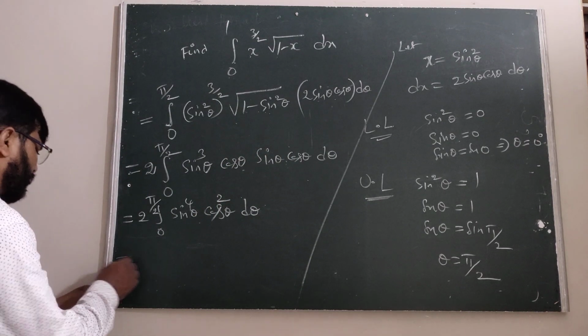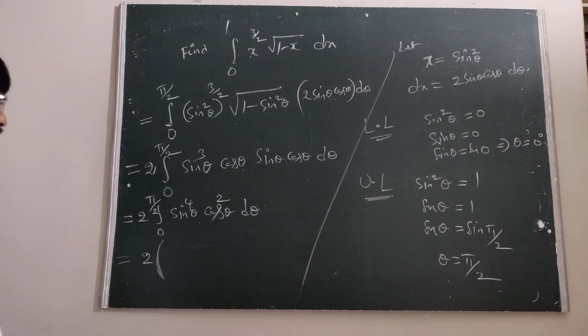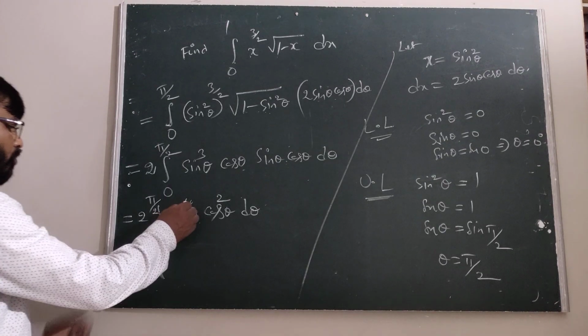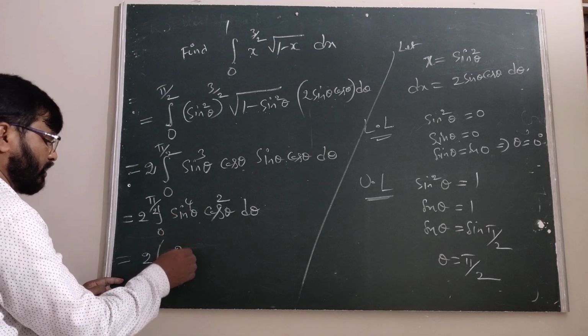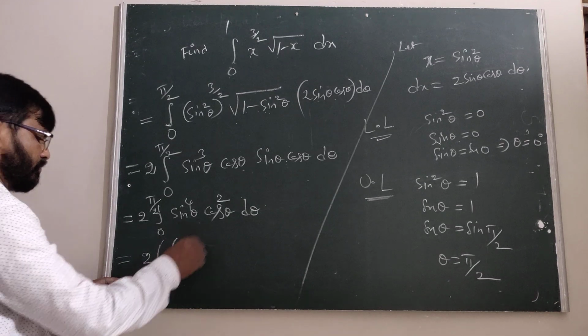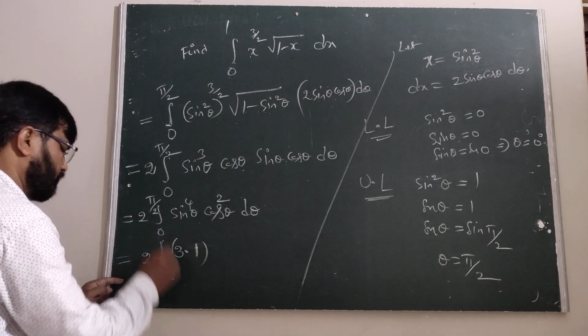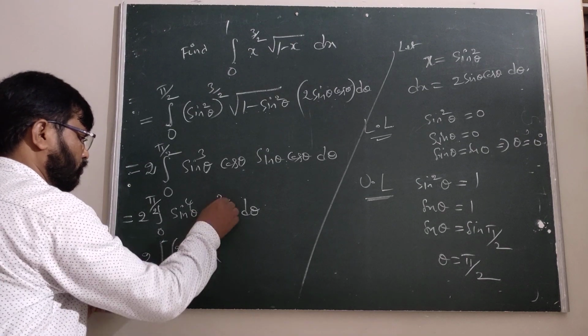Now all of you listen here. Just now we discussed the Wallis formula. 4 minus 1 is 3, 3 minus 2 is 1. This is the first one. Then for cos, n minus 1, 2 minus 1, is 1.